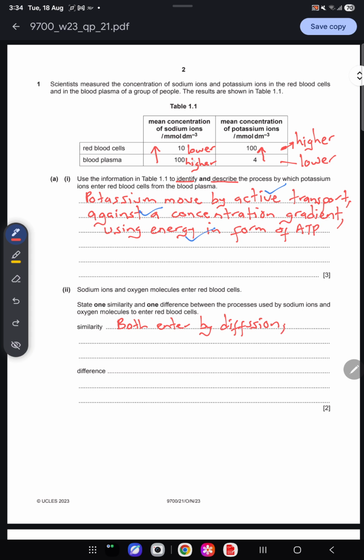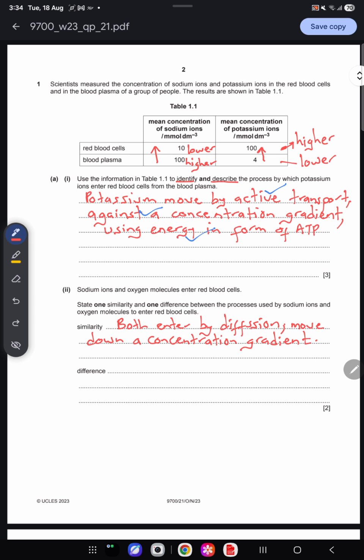They move from their region of higher concentration to their region of lower concentration, which I can simply summarize by saying that they move down a concentration gradient, which means from a region of higher concentration to a region of lower concentration. So both move down a concentration gradient.